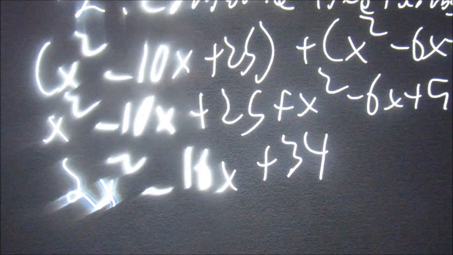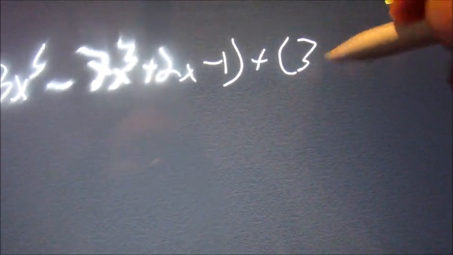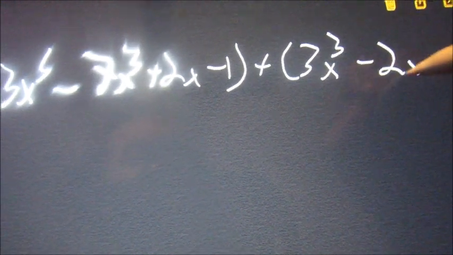Okay? So then, let's say that we have 3x to the 5 minus 7x to the 3 plus 2x minus 1, plus, in parentheses, 3x to the 3 minus 2x.